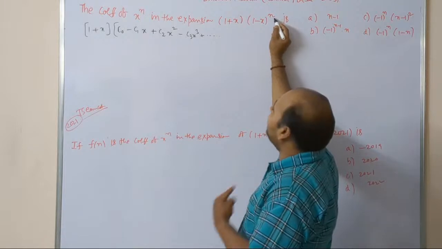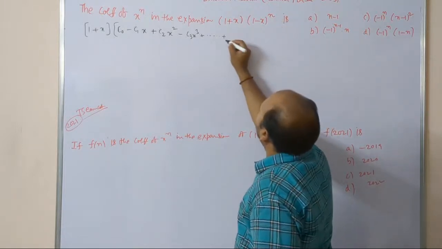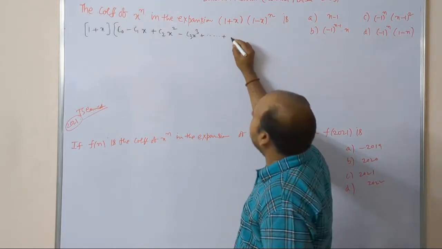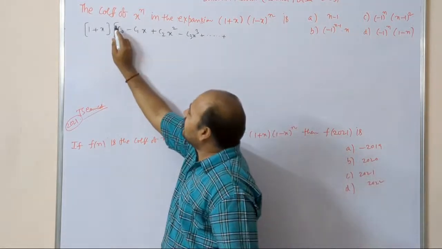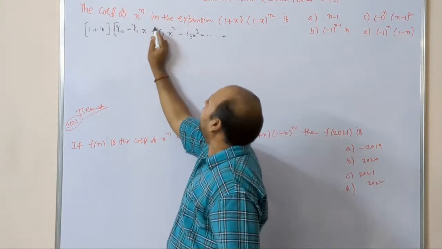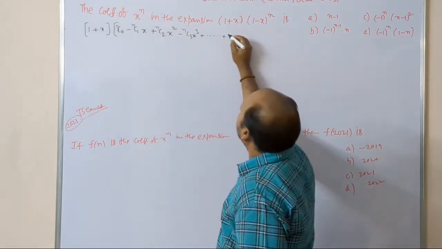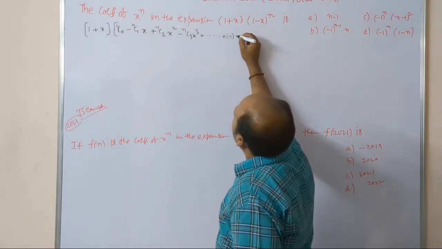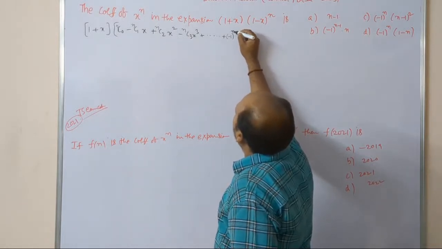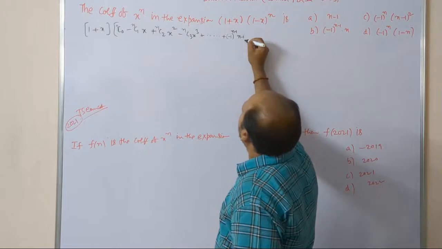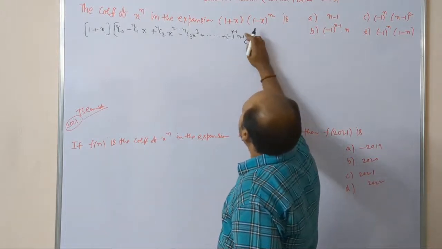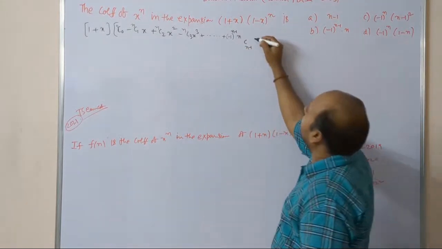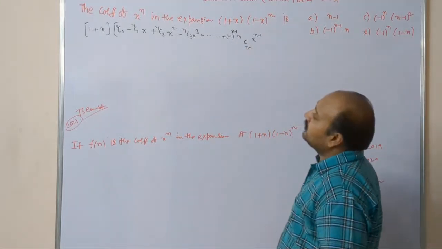Total n terms are there, no? And so on. Before the nth term, the (n minus 1)th term is there. So what can I write? Here nC0, nC1, nC2, nC3, like this, minus 1 whole power n minus 1, nC(n minus 1), x power n minus 1.